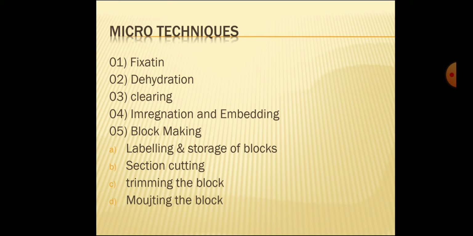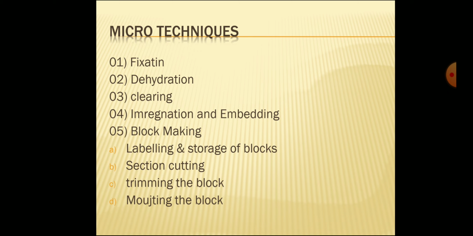The commonly used fixatives in the laboratory are formaldehyde, mercuric chloride, osmium tetroxide, acetic acid, ethyl alcohol, and acetone. These are simple fixatives. Compound fixatives are also used, including anatomical and cytological fixatives.